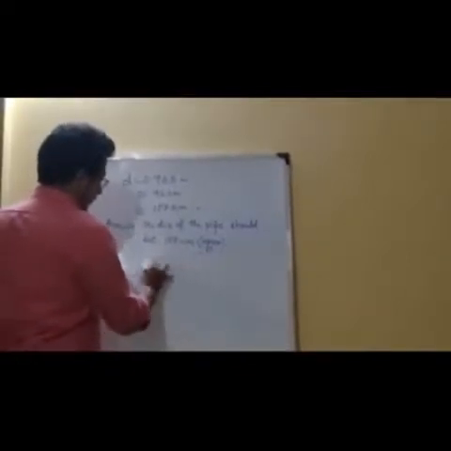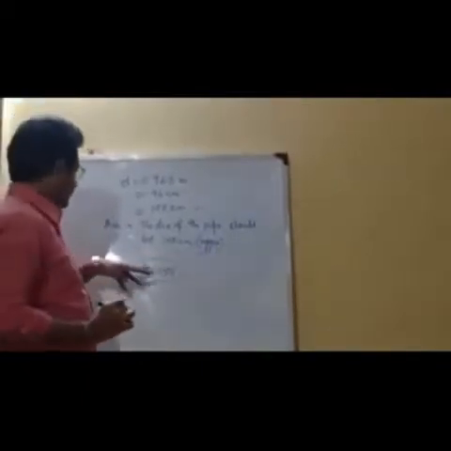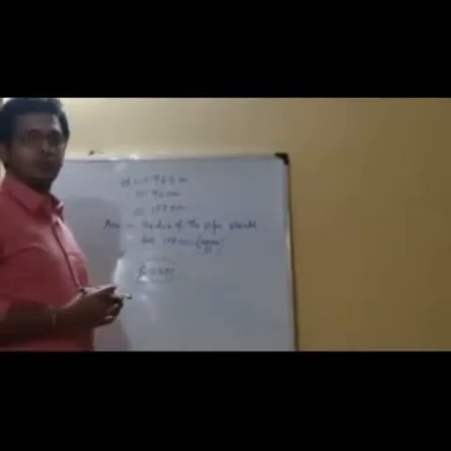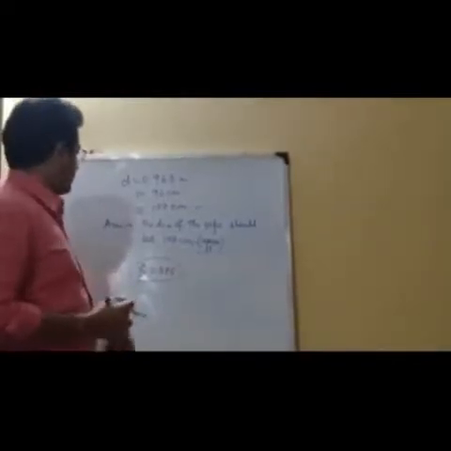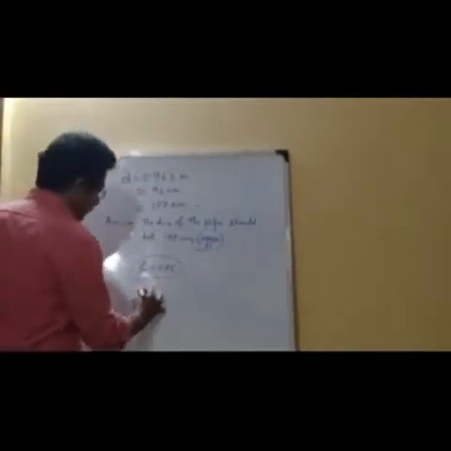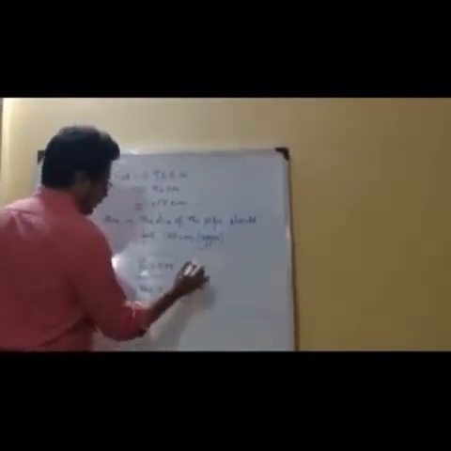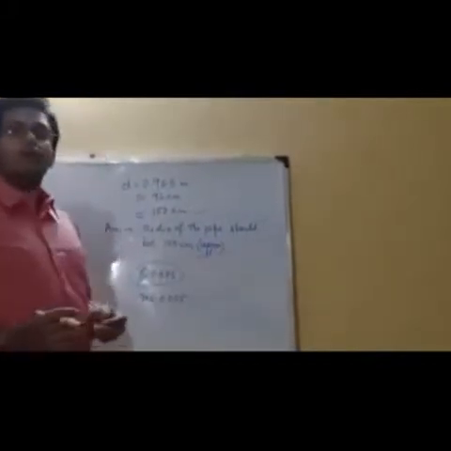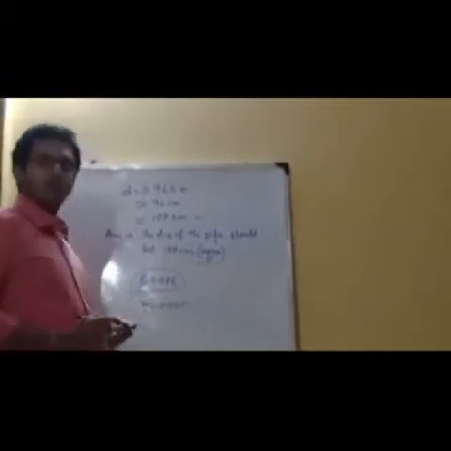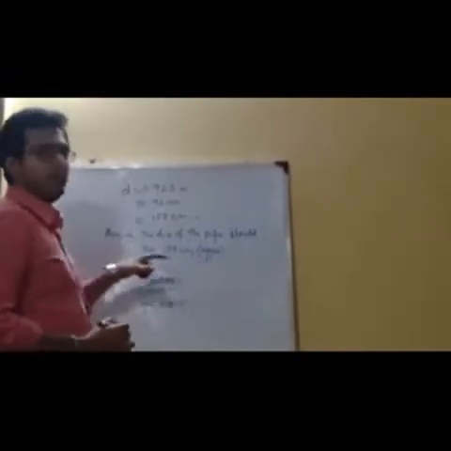In this problem there was a given value, that is F equal to 0.075. By this hint we can use the Darcy-Weisbach equation. But if there was a hint in the given values, for example M equal to 0.005, where M means Manning's velocity coefficient, then we have to apply Manning's formula.